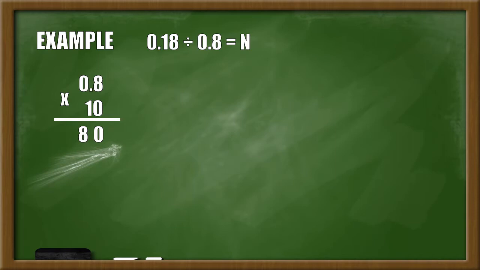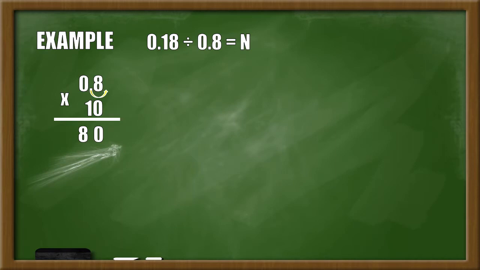So, in order for us to know where is the decimal point, we have to move the decimal point going to the right. So, let's start from the decimal point. So, going to the right, it moved 1 only. Meaning, we have to move also to our answer starting the 0.